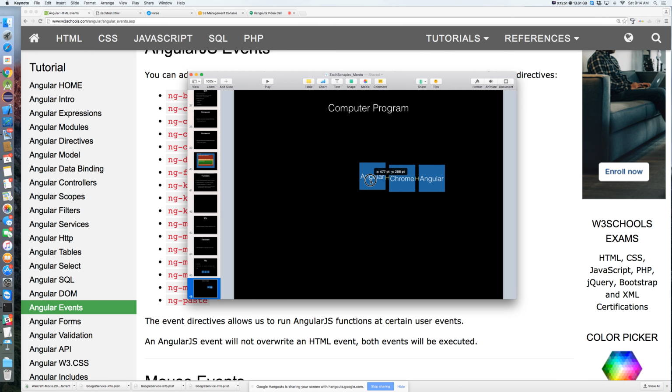Chrome is running on the operating system, which is one of the software applications that's running on the CPU. Okay, so Angular gets interpreted by Chrome, which is managed by the operating system, which is vying for CPU time.